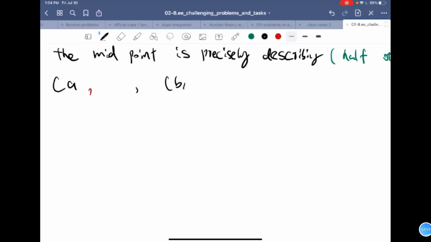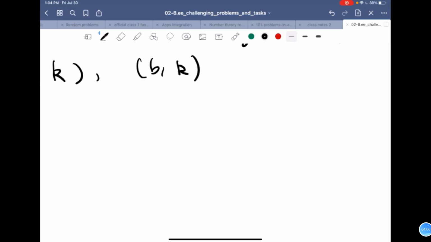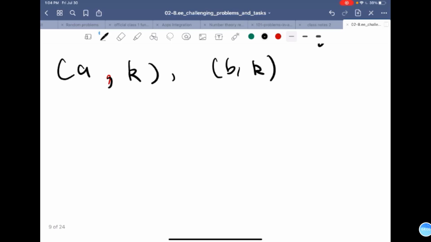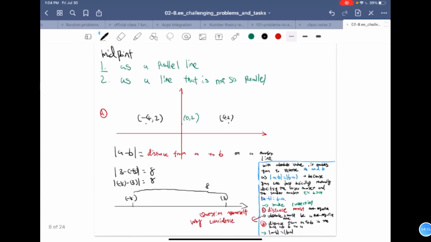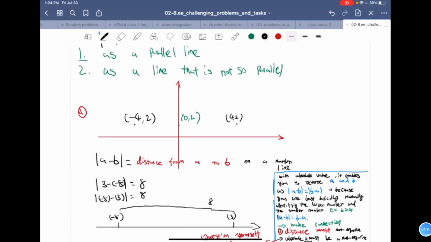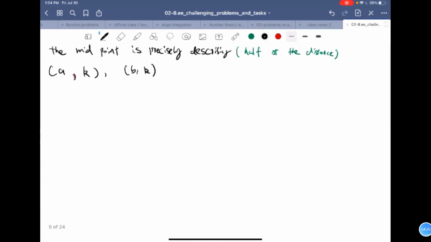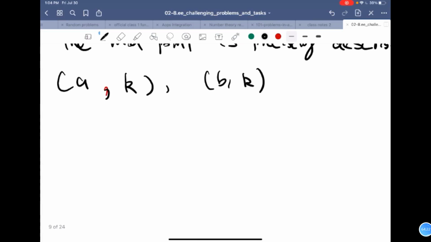AK, BK. Right, here's AK, here's BK. This means it has the same Y component, which means the line is parallel to the x-axis. So it's a similar idea as 1. Okay.